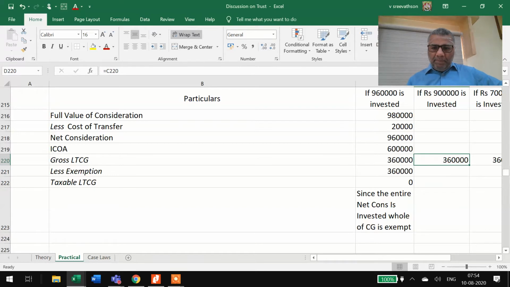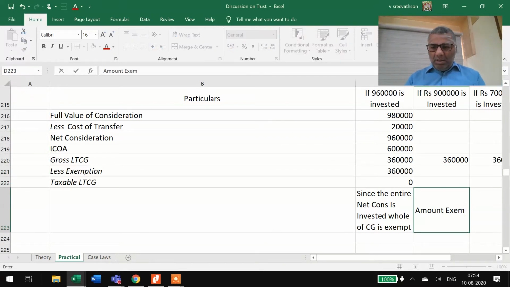In this case, the entire net consideration is not invested. So the amount exempt will be investment minus ICOA.